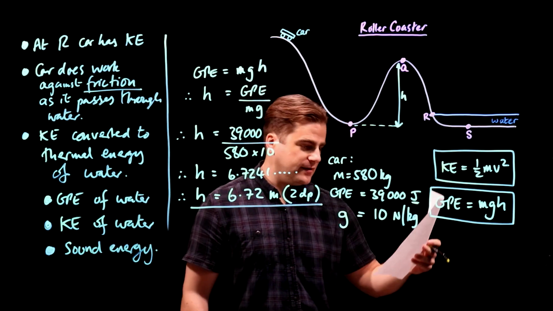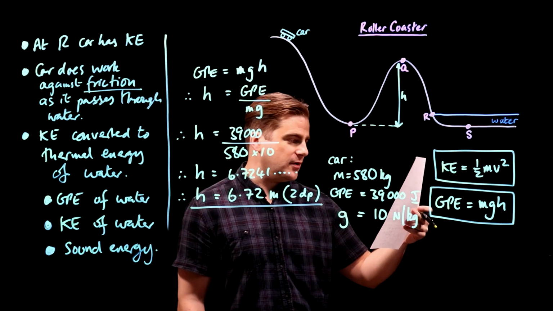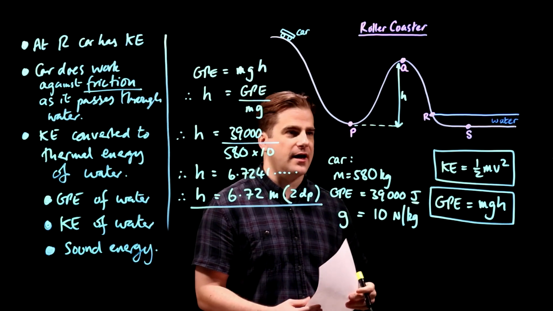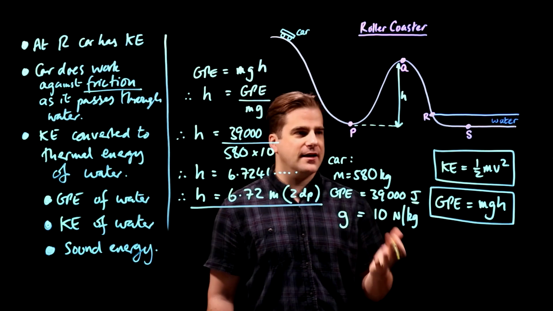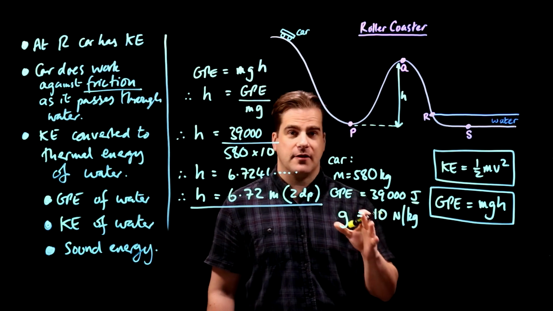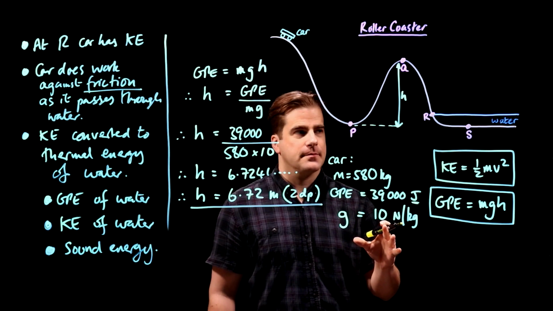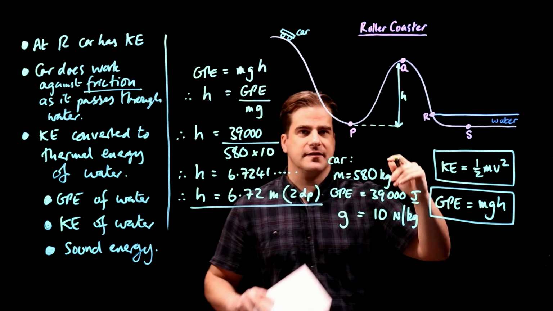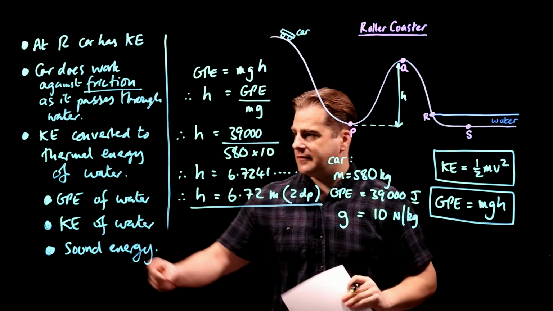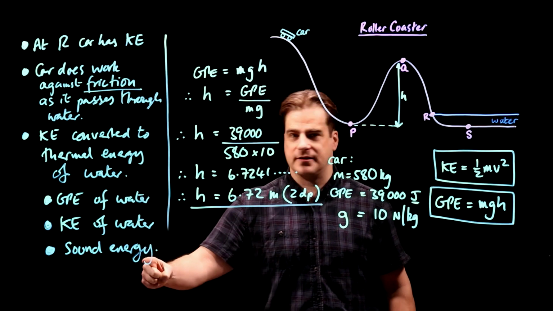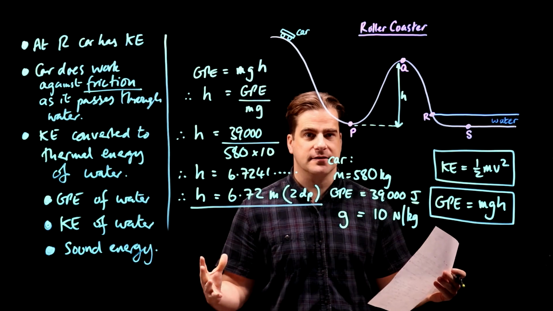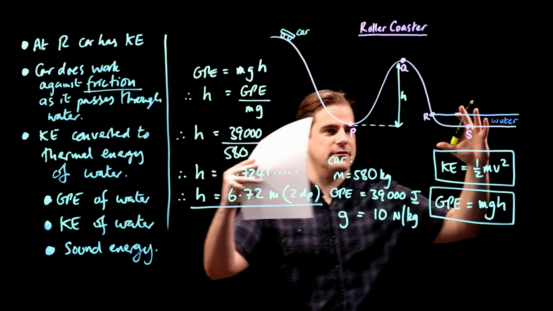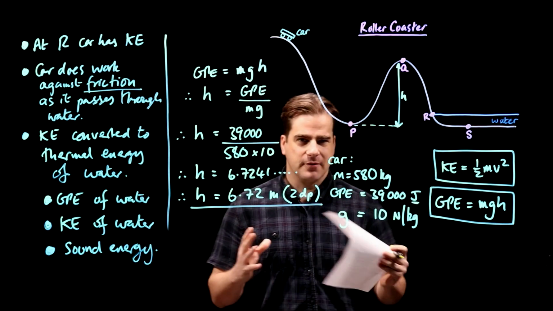Now, the question said, describe how the total energy of the system is conserved as the car travels between R and S. I don't like the way they've put that, because this isn't really an enclosed system. It's surrounded by air. And if the kinetic energy of the car has been converted to sound energy, which it definitely is in reality, okay, the sound energy is not part of an enclosed system. Do you see what I'm saying?